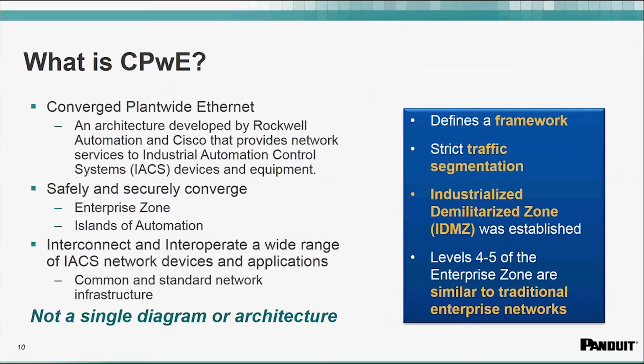It's not a single architecture. There are many use cases that have been documented, like network address translation, location-based services, and resiliency, to name a few. It's a framework that has strict traffic segmentation as well as an industrial demilitarized zone that protects manufacturing.